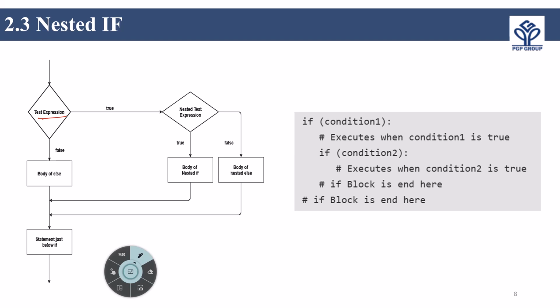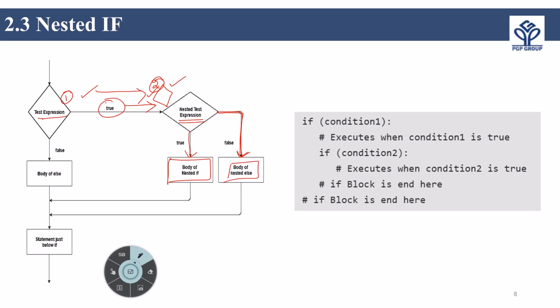This expression is true, so we go to the next expression to check. The first expression is true, so going to the second expression, we check whether this one is true or false. If this nested test expression is true, the body of the nested if is printed. Suppose false, the body of the nested else is printed.